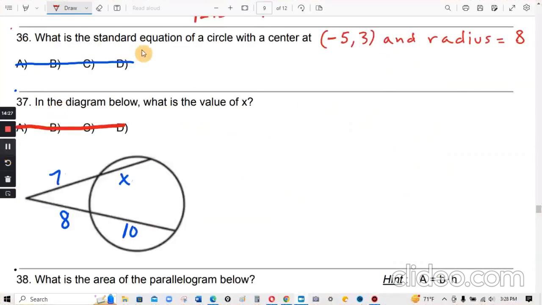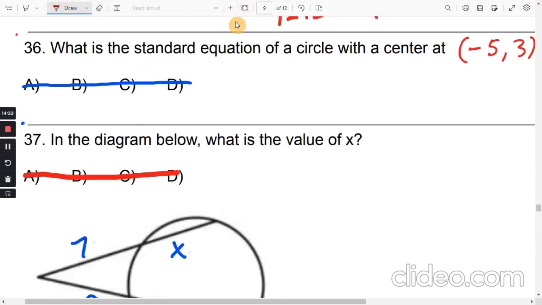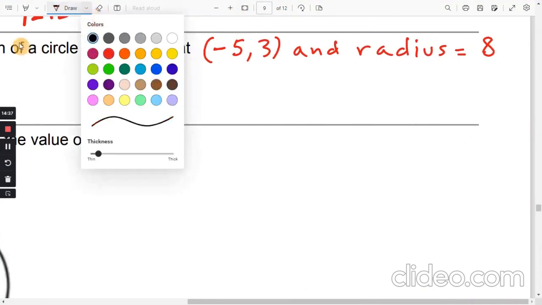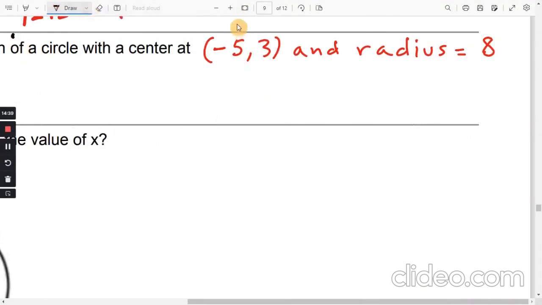What is the standard equation of a circle with center at -5, 3, and radius equals 8? I might not give you the formula for the circle, but the answers are going to be multiple choices. So this is h, this is k, and of course the radius is r.